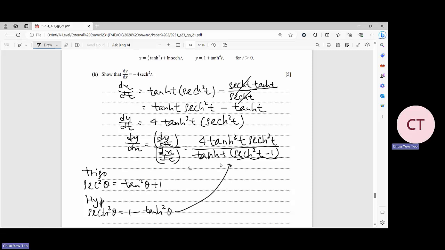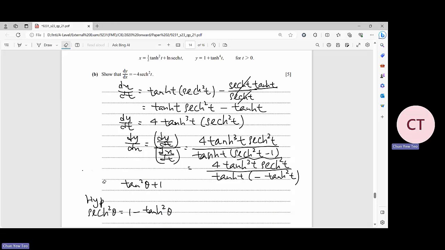If you apply this result, then you can see that this is actually negative tanh squared t. By right, it's supposed to have this relationship.